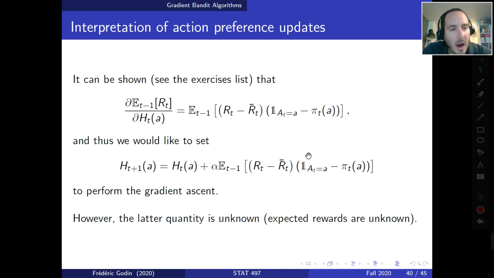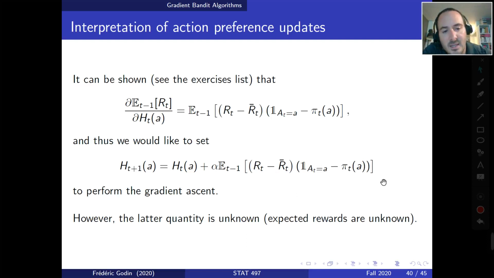So how can we obtain an unbiased estimate of this term? Well, we can just replace the expectation with what's inside. This ensures that we have an unbiased estimate, because if we take the expectation of what's inside, it becomes this whole term here.